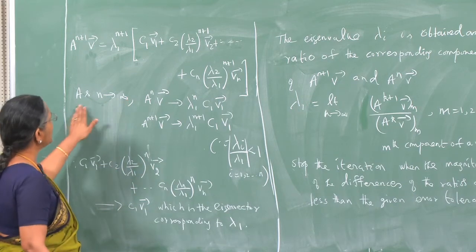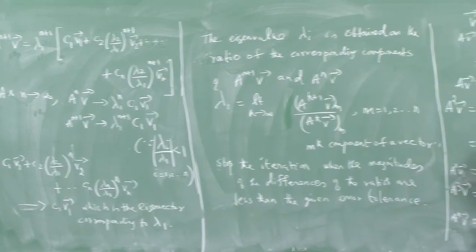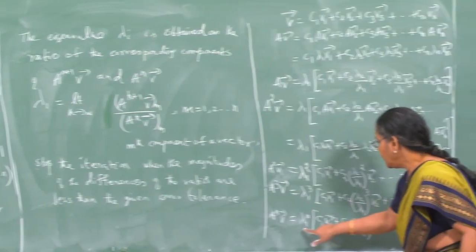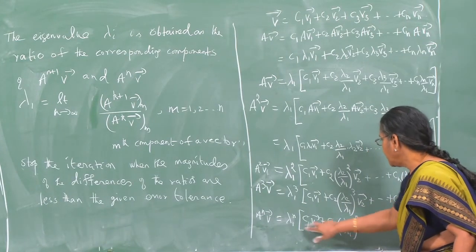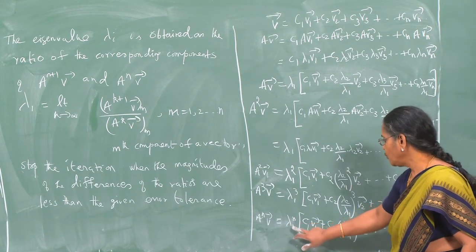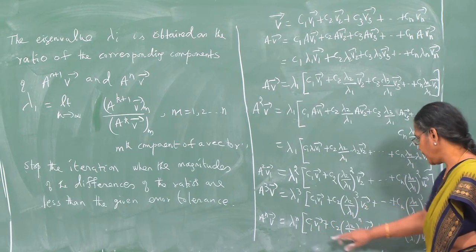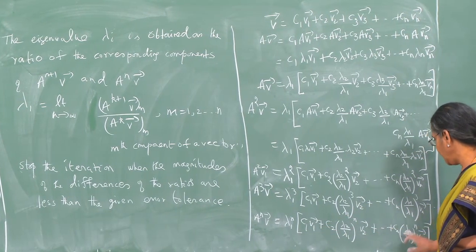Then as n tends to infinity, we observe that the right hand side vector tends to lambda 1 power n C1 into V1. What happens to the rest of the terms?